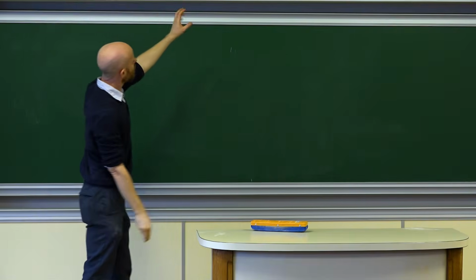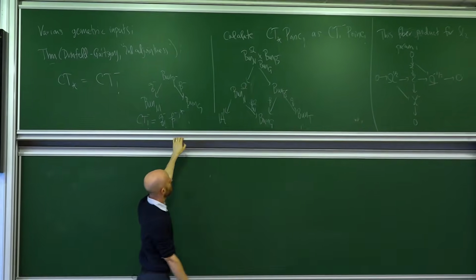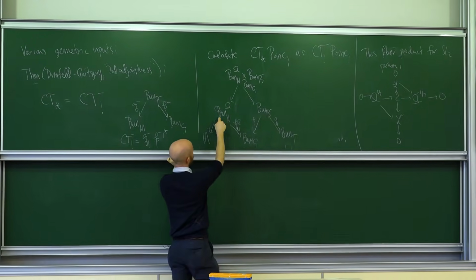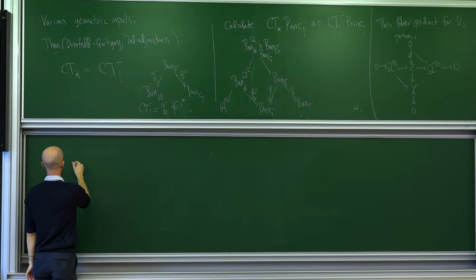But up to this twist by omega, this is a map from the curve to G mod B minus mod N. So it's a twisted notion of map like that.